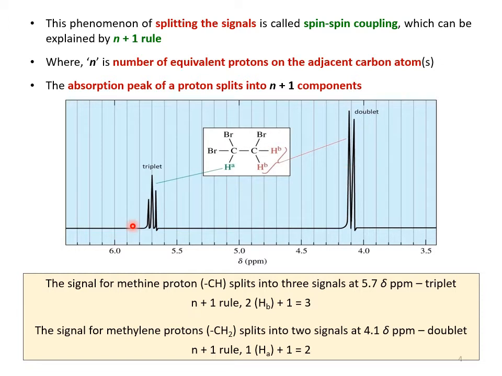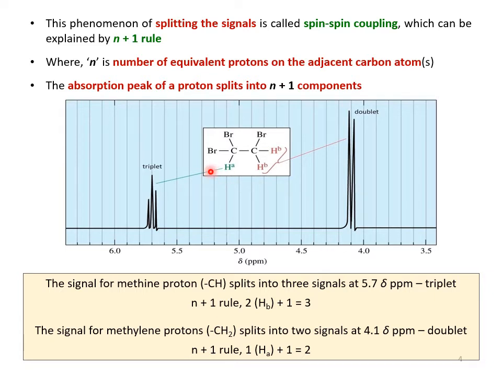Among the 5 signals, a group of 3 corresponds to the methine proton and a group of 2 peaks corresponds to the methylene protons. This can be understood by the n+1 rule. So here, what is n? n is the number of protons present on the adjacent carbon atom.